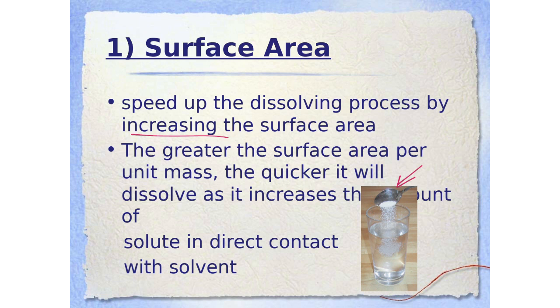The sugar cube can only access the water molecules from the outside, so you'd have solute-solvent interaction just on the outside of the cube, and all the particles on the inside not interacting with solvent. If you crush that up and have granulated crystals like we see over here, all those little crystals can interact with water at the same time.